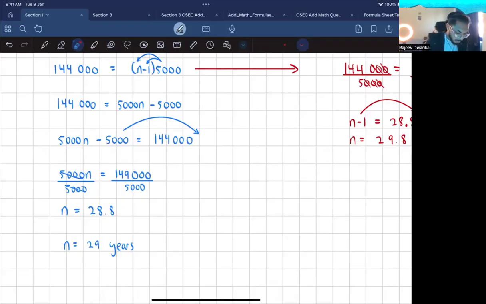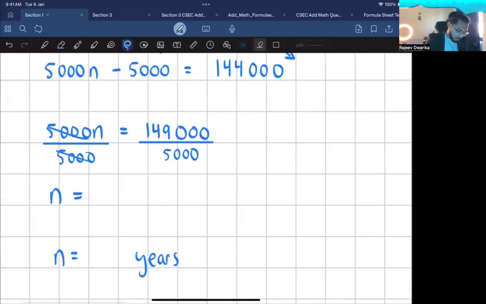When I work this out, are they supposed to get 29.8? Not 28.8. Yes, they're supposed to be 29.8 here. The answer will be 30 years.